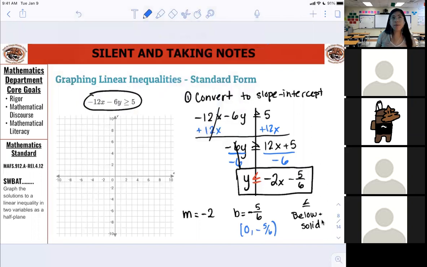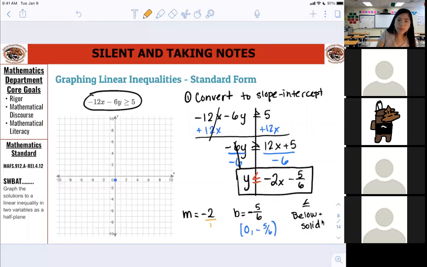Now, negative 5/6 is very, very close to what? Negative 1. Because it's almost negative 6/6. It's just a little bit less. So I'm going to put my dot just a little bit above the negative 1. And then my slope is negative 2, so that tells me to go where?